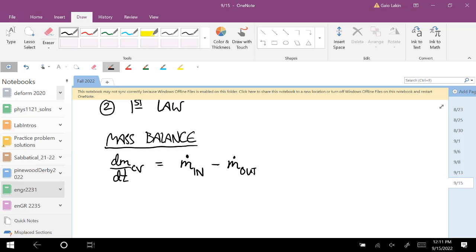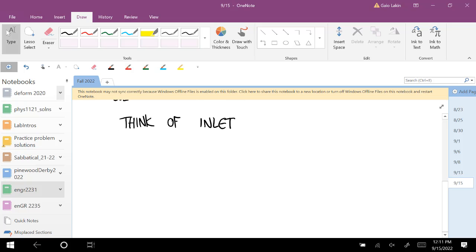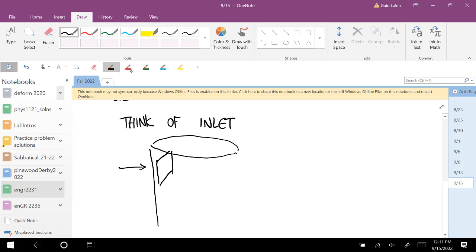And if you think of an inlet, so let's say, here's our tank. And here's where the material is coming in. So it's going this way.